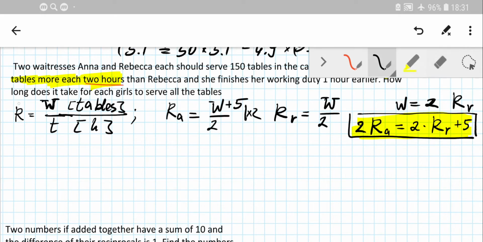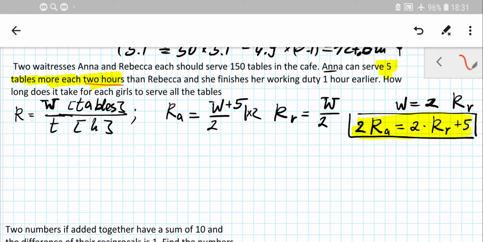It's better to start from the formula. So what about the rate? That's the rate for any person. For Rebecca, she needs to serve 150 tables, that's the work, over time. Let's input some time, t, so some t hours.